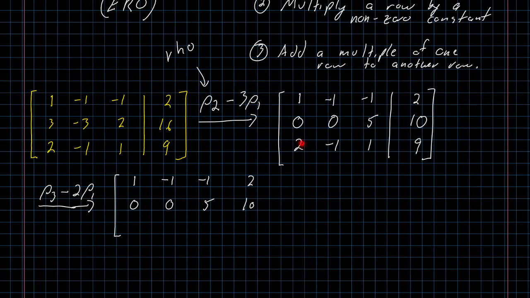So I have 2 minus 2 times 1, which is 0. I have negative 1 minus 2 times negative 1, which is positive 1. I have 1 minus 2 times negative 1, which is 3. And I have 9 minus 2 times 2, 9 minus 4, which is 5.